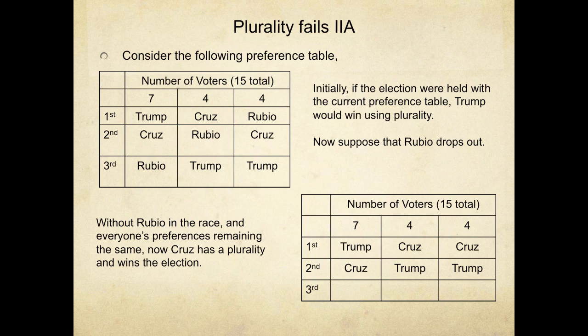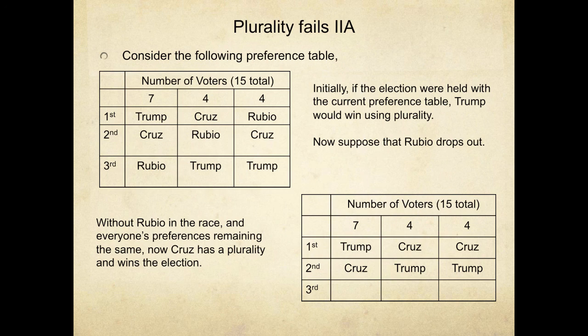Trump has more votes than anybody else if the election were held with this table as it is here. Suppose that Rubio now drops out and all the preferences remain, and that would be what's listed in this table here, and you can see the outcome with Rubio removed. Now Cruz has 8, which is more than Trump, and it's actually a majority, and Cruz actually wins plurality.